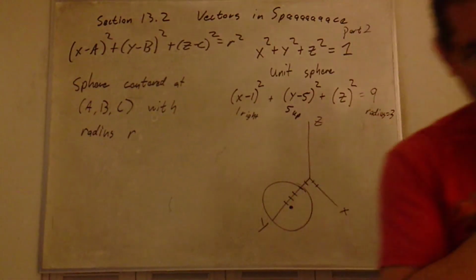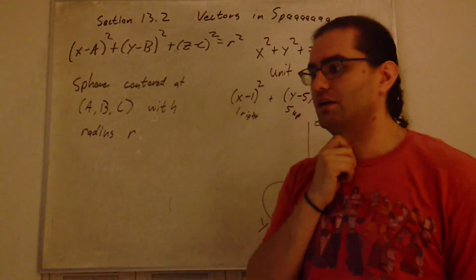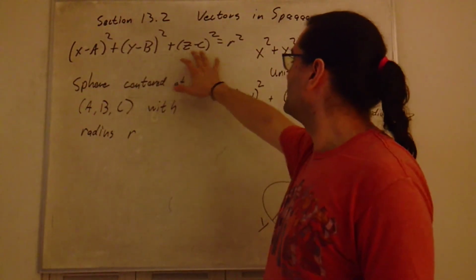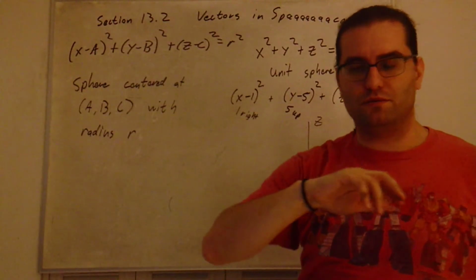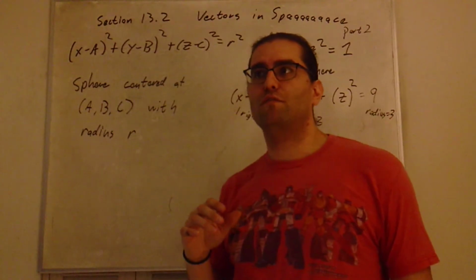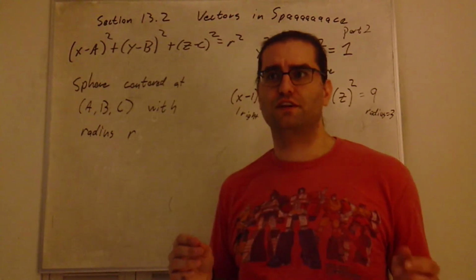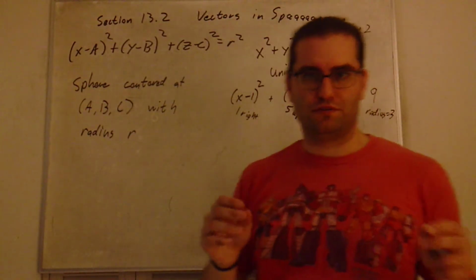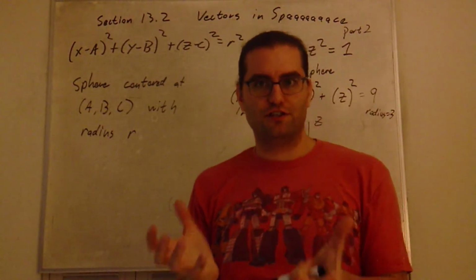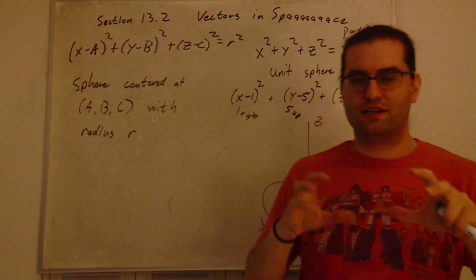So I think the last thing I need to mention about spheres here is that this gives you a sphere in the same way that x squared plus y squared equals r squared gives you a circle. And that means that the sphere is all of the points that are exactly that distance away. So think of spheres as like balloons. There's a very thin shell of a shape, and you're only dealing with the outside of that shape. You're not looking at the insides at all.